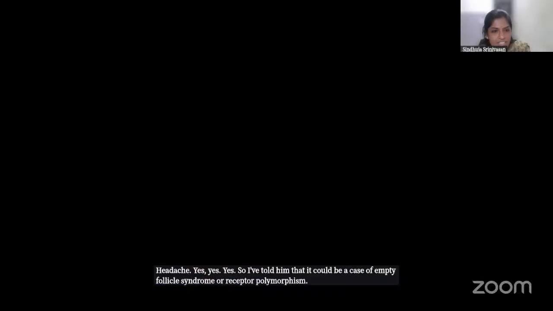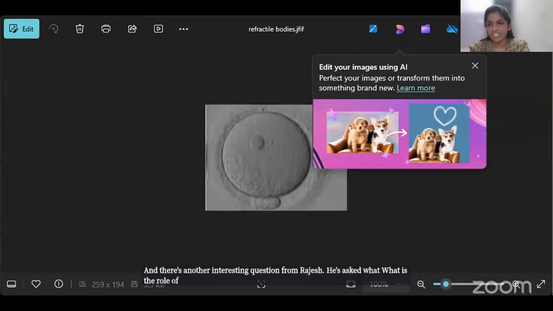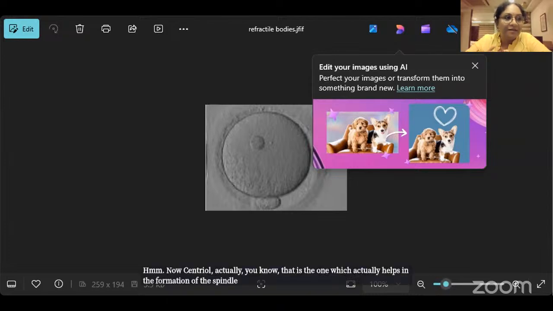And there's another interesting question from Rajesh. He's asked, what is the role of sperm centriole in fertilization and early embryonic development? I think ma'am touched upon that. It's a very good question. Ma'am, you want to add a point? No, centriole actually is the one which helps in the formation of the spindle, the alignment and all that, like where the pronuclei get aligned.